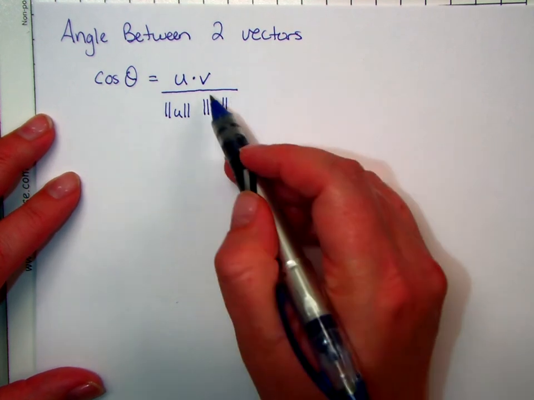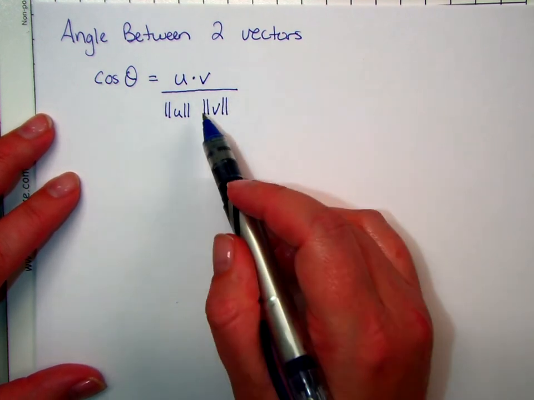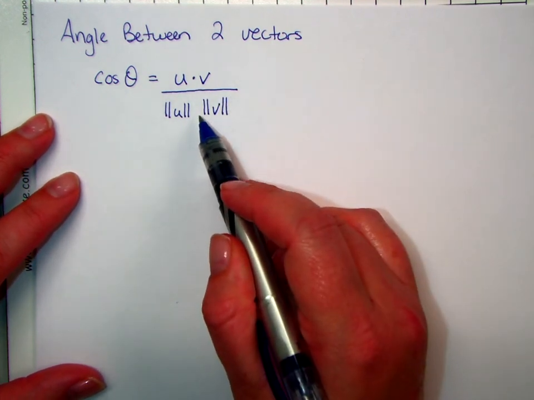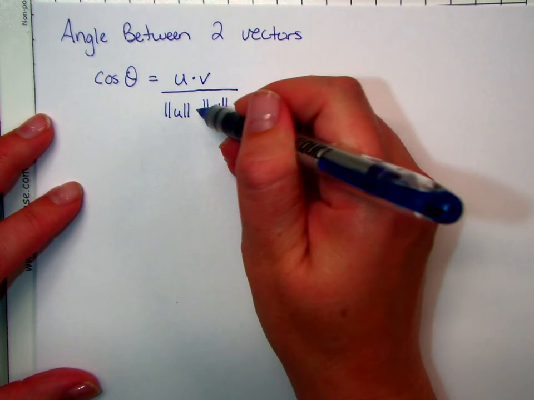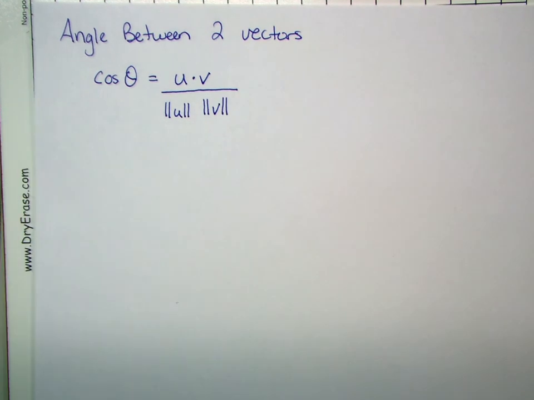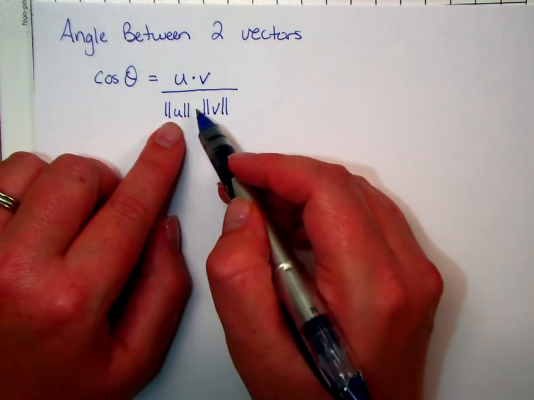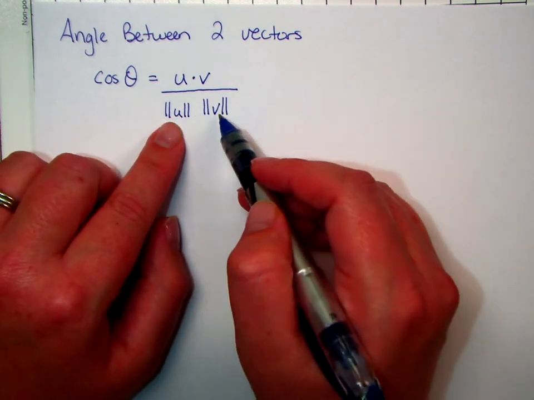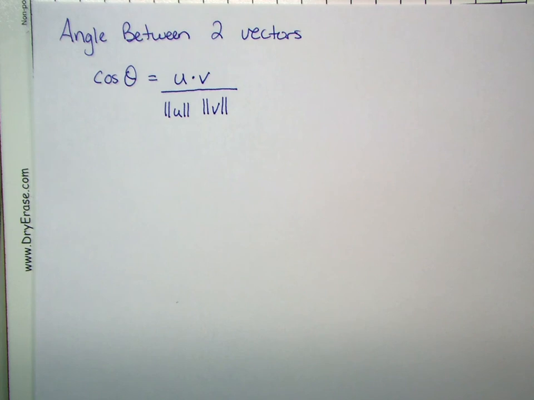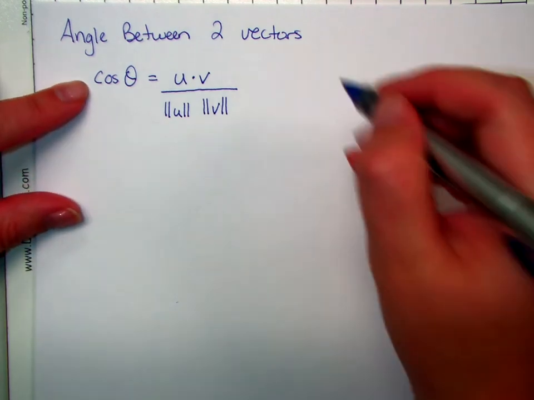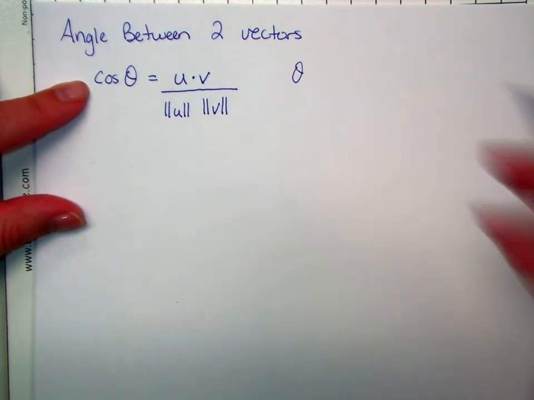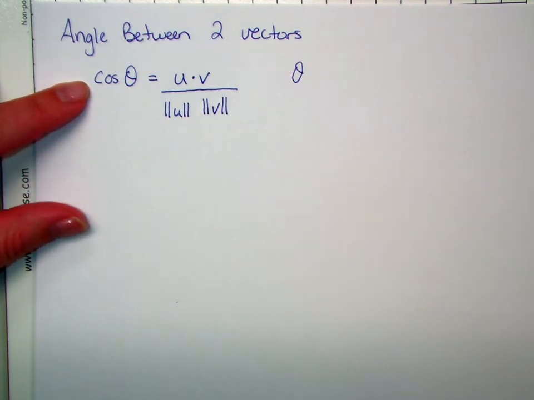All right, so I'm doing a dot for the dot product, but these are just multiplied together because they're written next to each other. I don't want to do a dot product, okay, of those 2. I can't do a dot product because this is a scalar and a scalar. You can only dot product vectors, all right? So theta here is the angle between u and v. It's the angle between the 2 vectors.